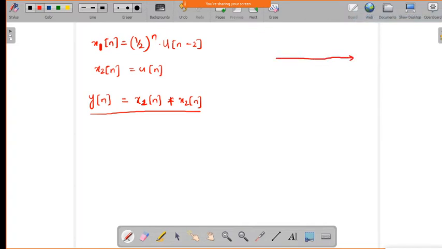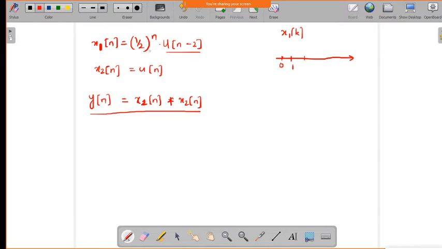If I take x1 of k, where is it starting from? It is starting from n equal to 2. That means at indices 0 and 1, it will have 0 values.